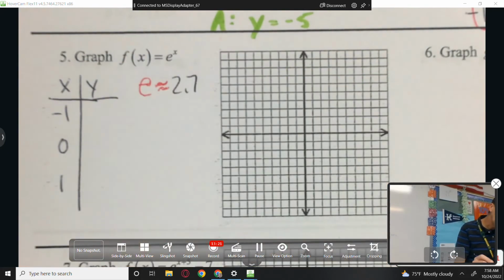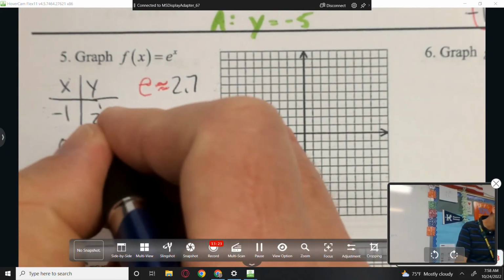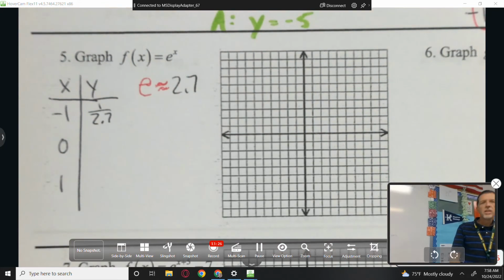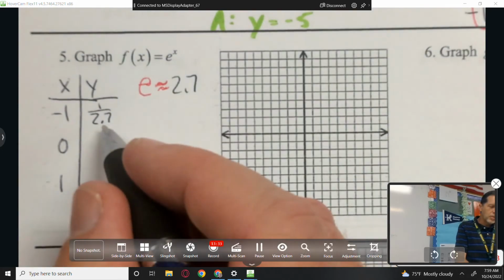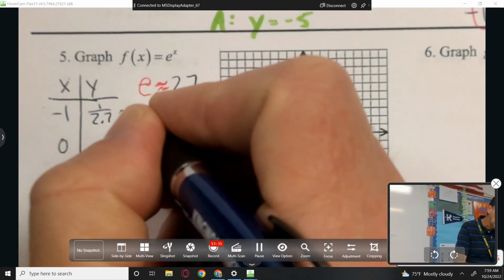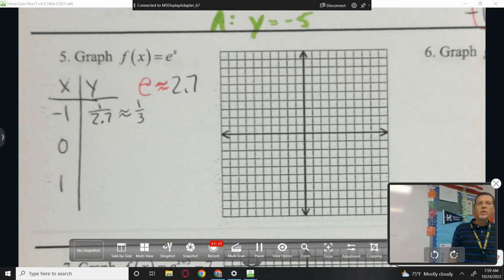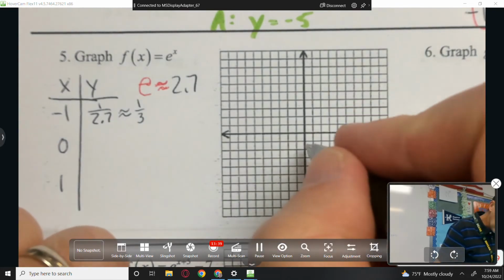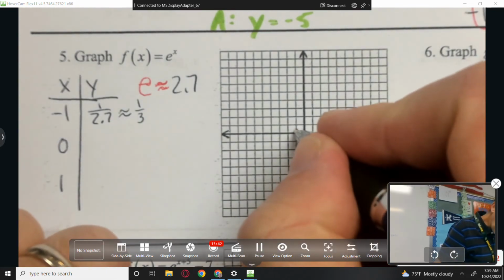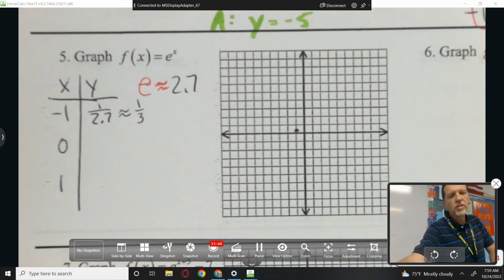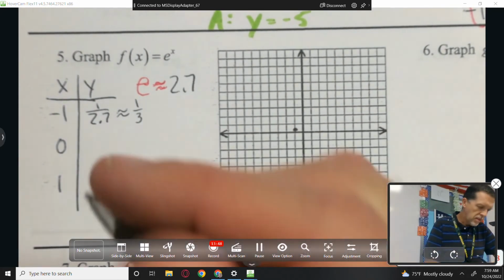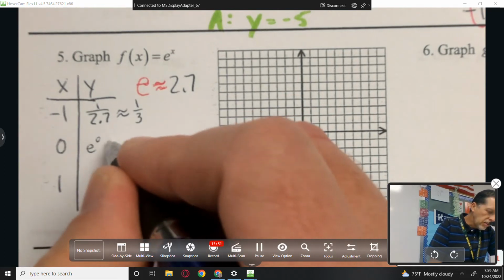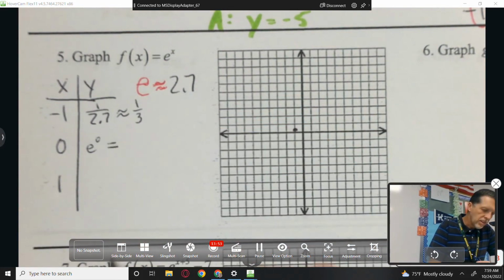So e to the -1 is 1 over 2.7, which I don't know what that is, but I can still graph that because while we're estimating things, that's pretty close to 1 over 3. Certainly close enough when our graph is this small. What's e to the 0? 1.